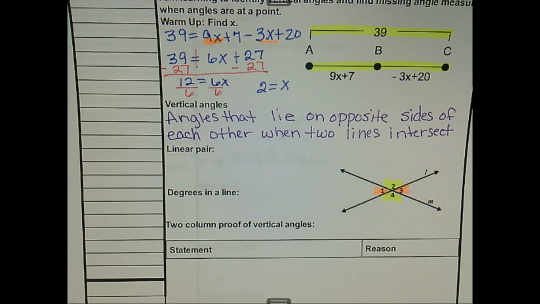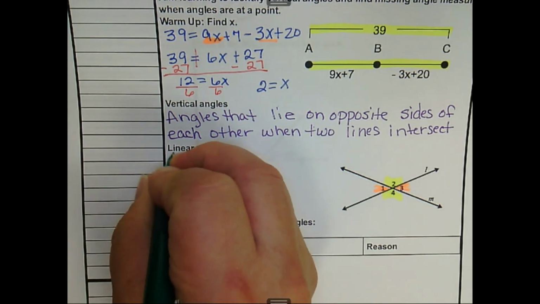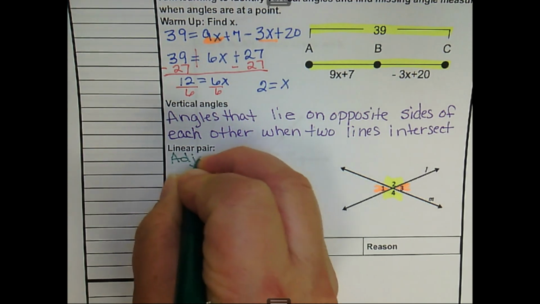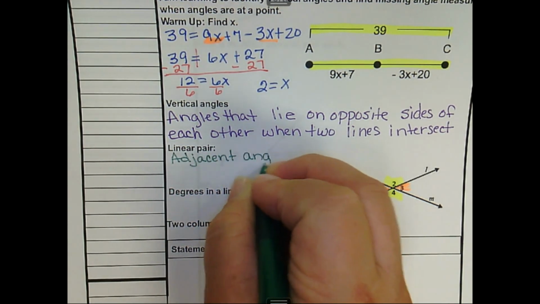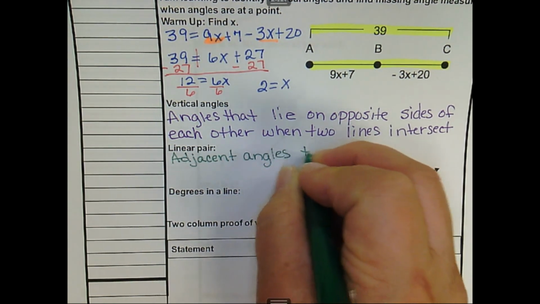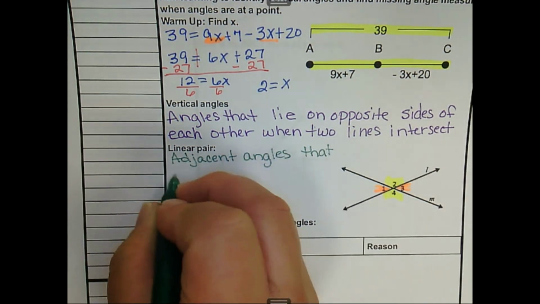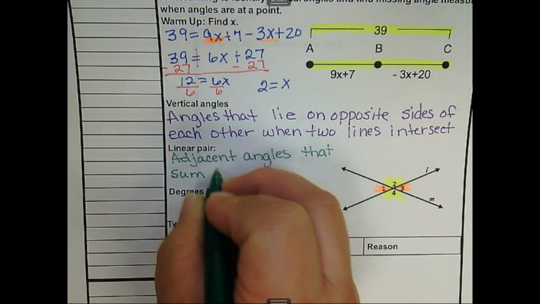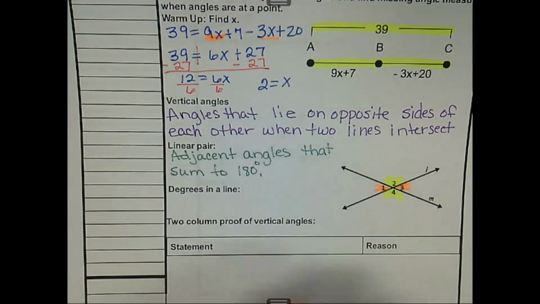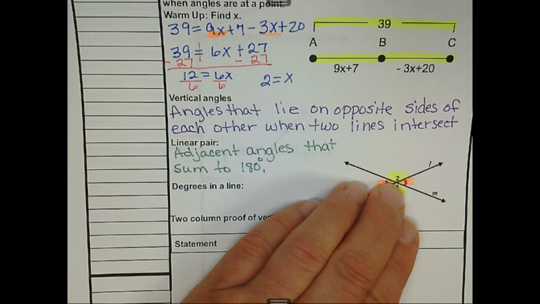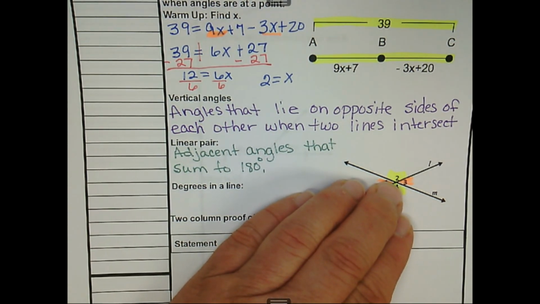Those are adjacent angles that sum to 180 degrees. So if I'm looking at 2 and 3, those are a linear pair. A linear pair forms a line, and their sum is 180.